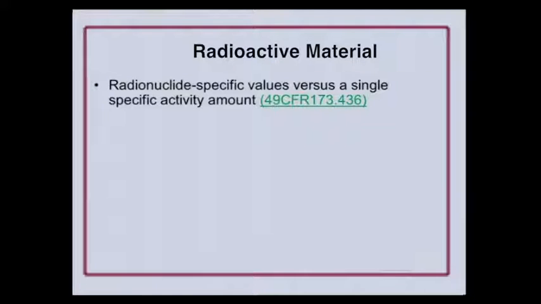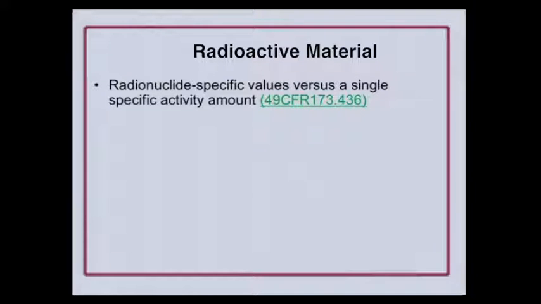And here it is. Radioactive material, in accordance with DOT, is defined by radionuclide specific values versus a single value. And by that I mean this. At one time, there was a 70, I'm getting my units mixed up.